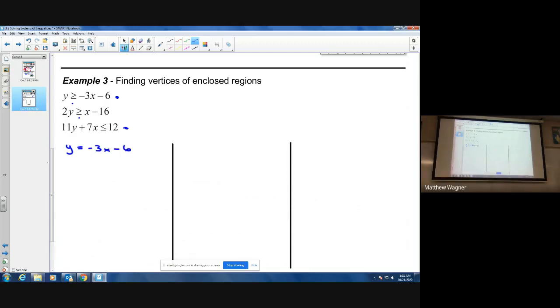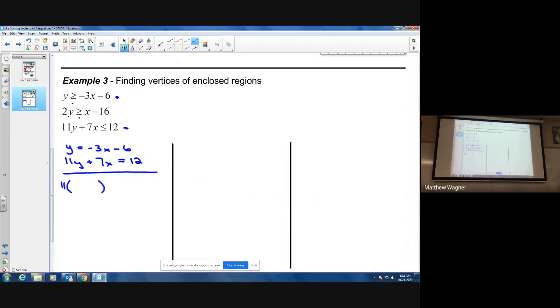We have y equals negative 3x minus 6. We have 11y plus 7x equals 12. So you kind of want to take your inequalities, convert them to equations, and then solve just like we did back in section 3.1.